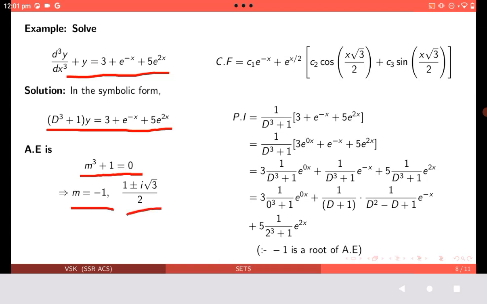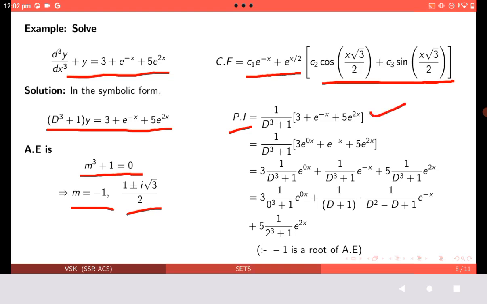So the complementary function is c1 e to the power minus x plus e to the power x by 2 times the other expression, which is the complementary function in this case. And we are interested in the particular integral. So this is 1 upon D cube plus 1 acting on 3 plus e to the power minus x plus 5 e to the power 2x.